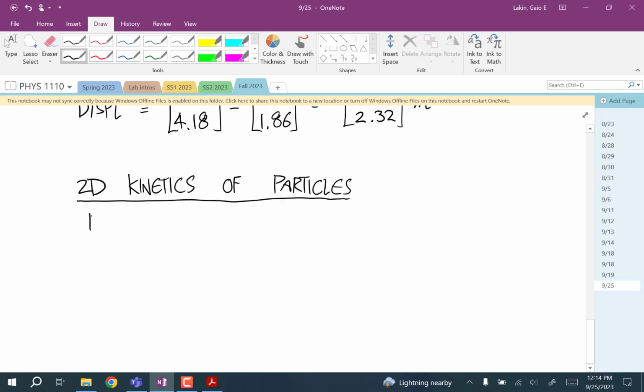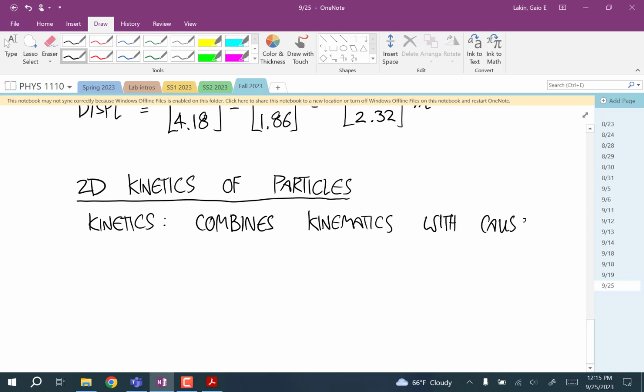And kinetics means combining kinematics with the causes of the motion. And for now, we're going to think of the causes of the motion as mass and force. So those are two new things that we're dealing with.